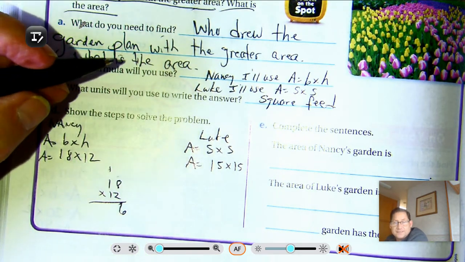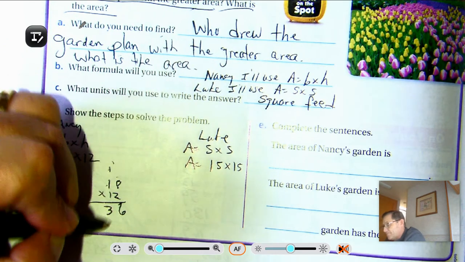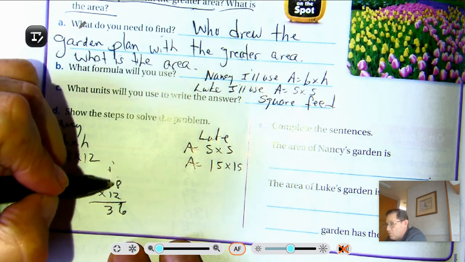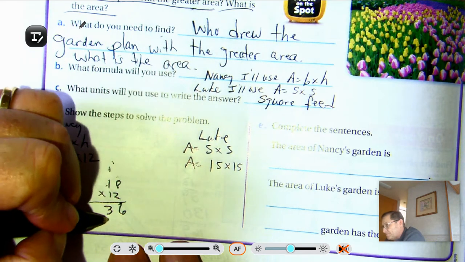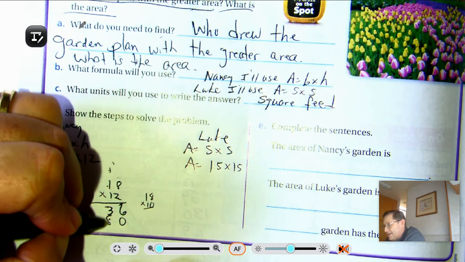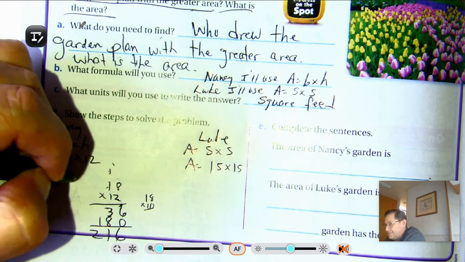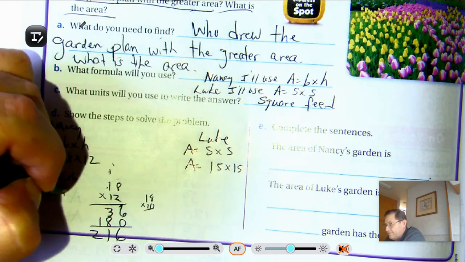Regroup that as 1 ten and 6 ones. 2 times 1 is 2, plus 1 more is 3. Okay, so now we're going to go 18 times 10. 18 times 10 is 180. So her area is 216 square feet.